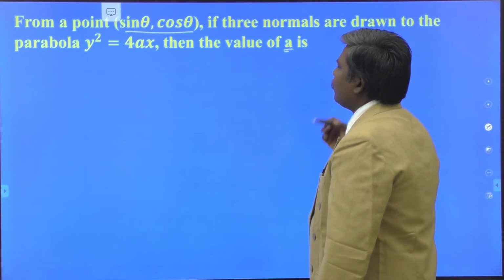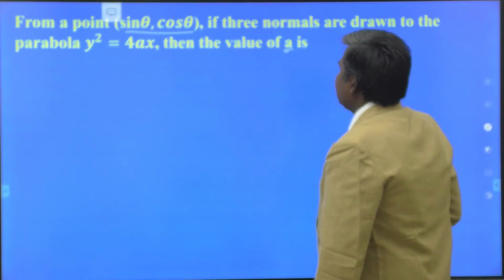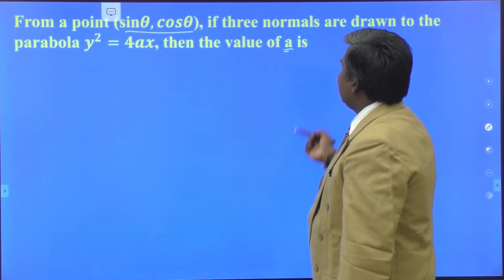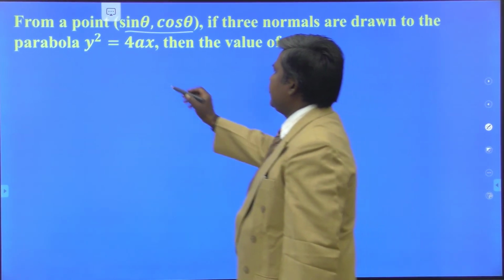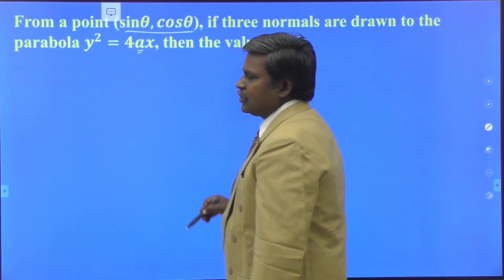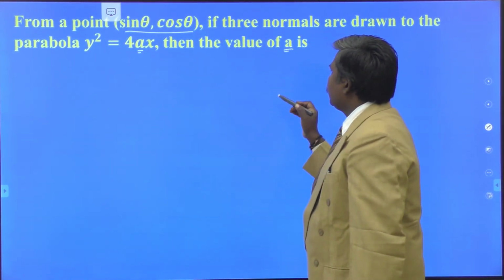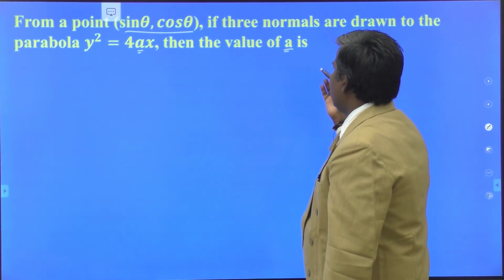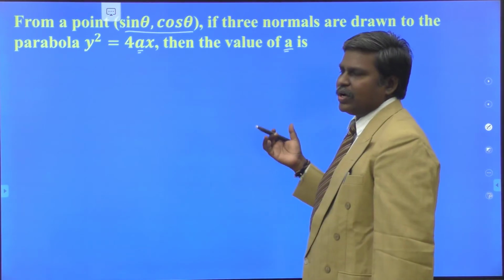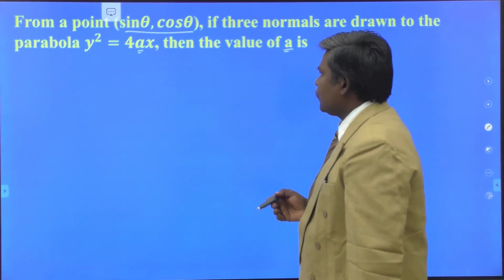From that point you have to draw three normals, and they are asking for the value of a. So exactly we get the range for a. Understand? From the situation of the problem itself, we have to find the range of a.